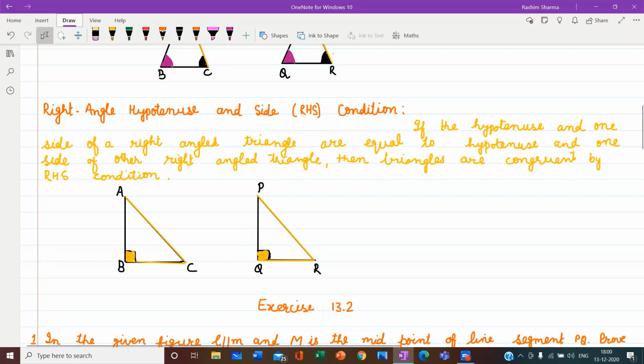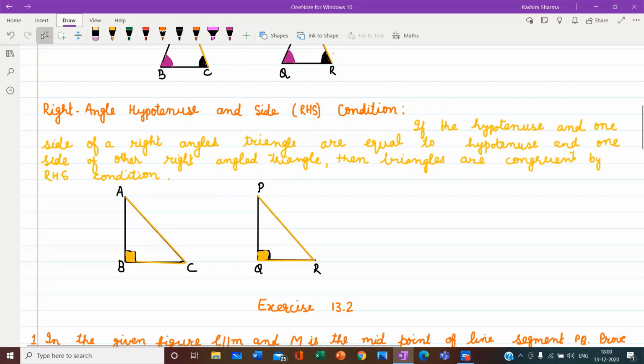Okay, R for right angle, H for hypotenuse, and S for any one side. If the hypotenuse and one side of right angle triangle are equal to hypotenuse and one side of the other right angle triangle, then triangles are congruent by RHS condition.